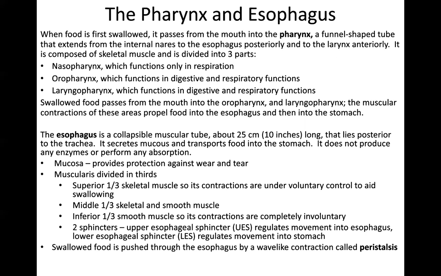Don't think of it as strictly gravity allowing the food to just drop from our mouth into our stomach. In fact, you can stand on your head and eat and drink. It's not the most effective way, but it is still possible to get that food and liquid into your stomach.